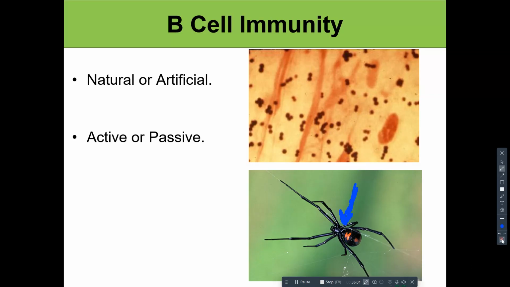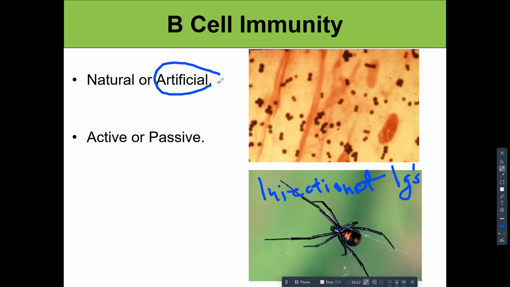So luckily, somebody takes this person to the local spider bite clinic, and they get an injection of antibodies. I'm just going to write IGs because it's easier. So with an injection of antibodies, does that sound natural or artificial?